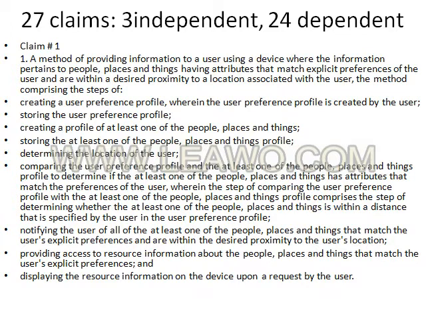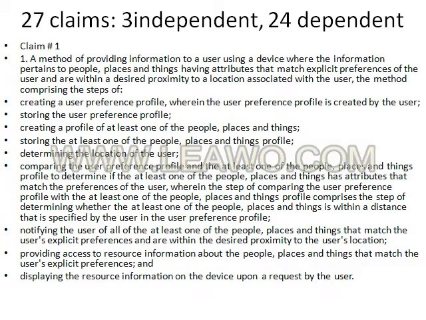The method comprising the steps of creating a user preference profile, wherein the user preference profile is created by the user, storing the user preference profile, creating a profile of at least one of the people, places, things, storing at least one of the people, places, things profile, determining the location of the user. Now I will get more in depth into the steps of this claim.